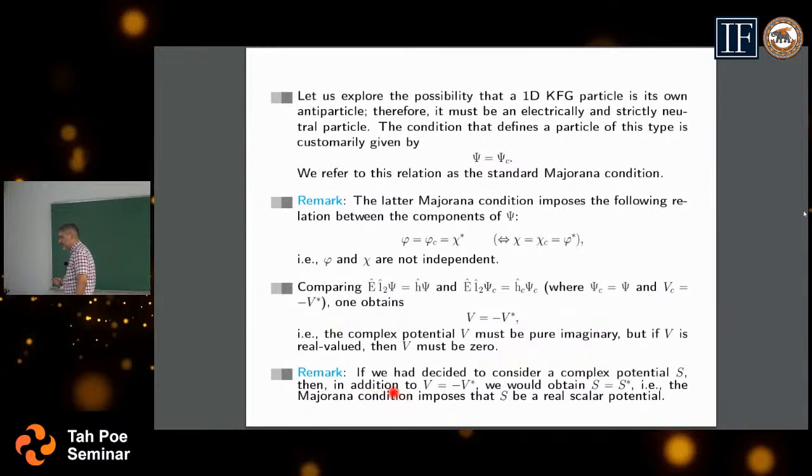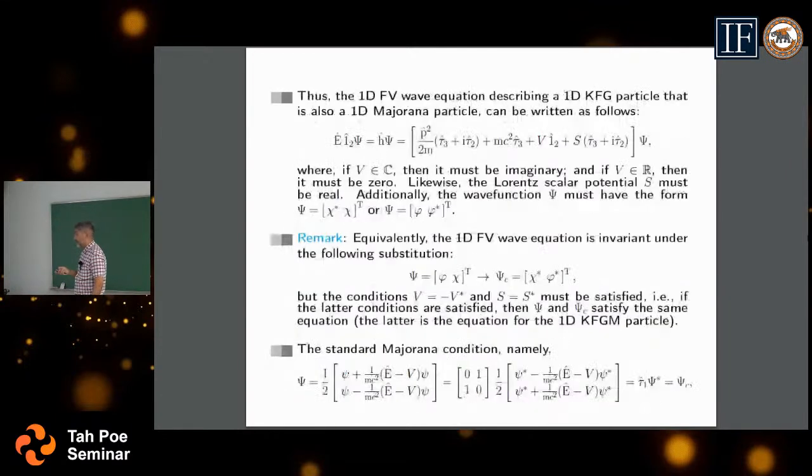Let me do another remark here. If we are considering a complex S, in addition to this, we obtain this formula. So we have this and we have this. But, you know, S is real. So no problem. The Majorana condition imposes that S must be a real scalar potential. That's a fact.